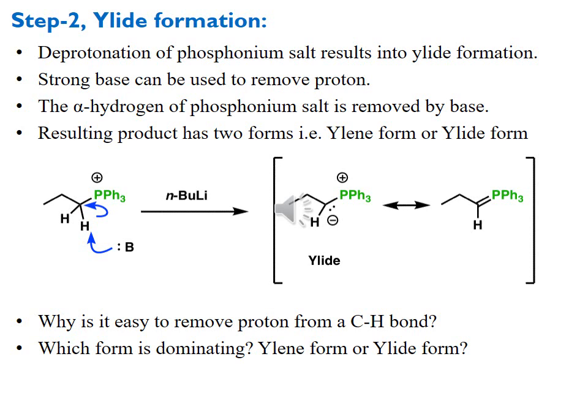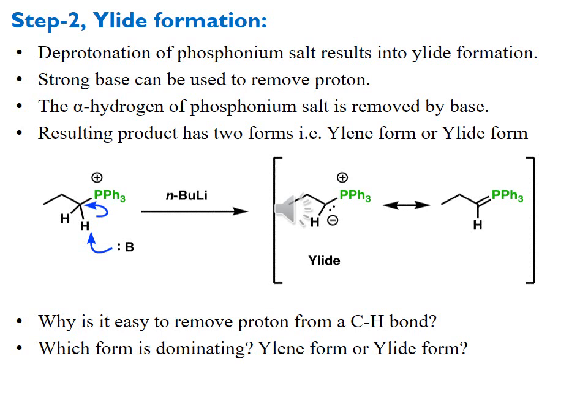This is the second step of this reaction mechanism. The phosphonium salt which was produced in the first step is now reacted with a base to be converted into an ylide, a phosphorus ylide. This step is actually deprotonation of the phosphonium salt to form the ylide. A strong base can be used to remove the proton from the alpha carbon of the phosphonium salt.